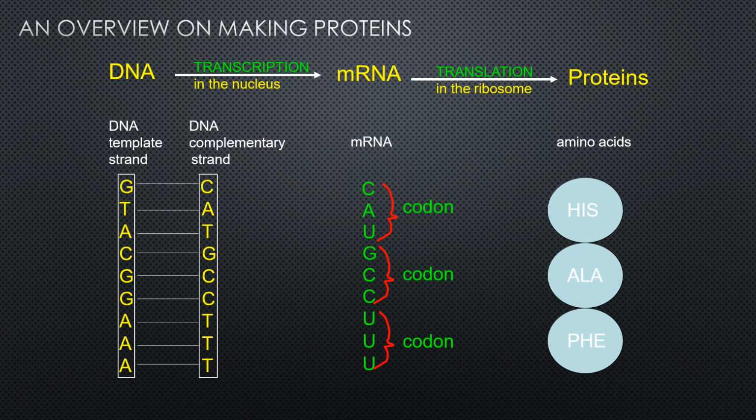Okay, so here's our summary again of our overview on making proteins. We've just gone through the transcription part that all takes place in the nucleus, and at the end of it we come out with messenger RNA that has had the introns removed, a 5' cap put on, and a poly-A tail put on, in order for it to be able to go from the nucleus out to the cytoplasm.